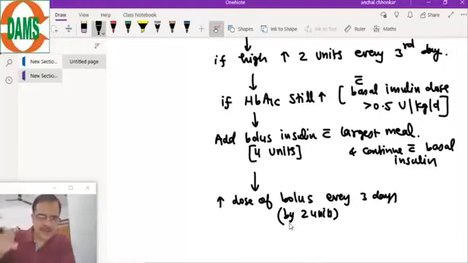So we add the bolus insulin with the largest meal, so a single bolus is added, and we keep on increasing the dose every 3rd day by 2 units each.